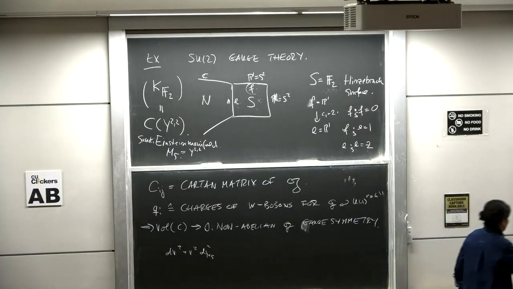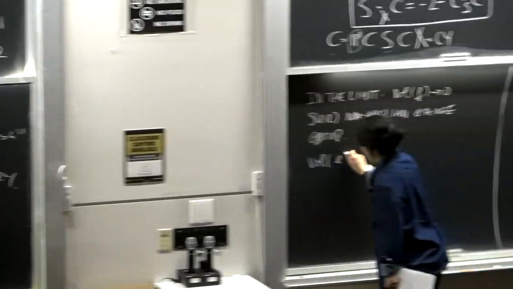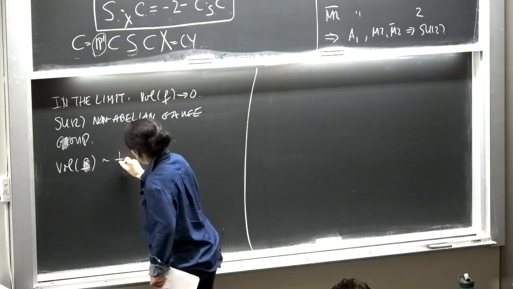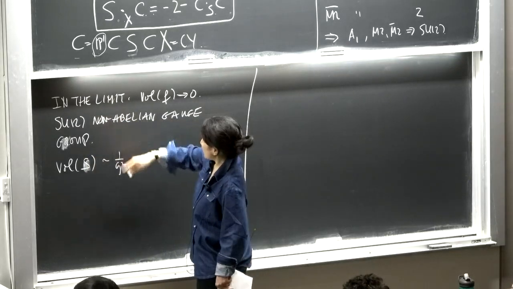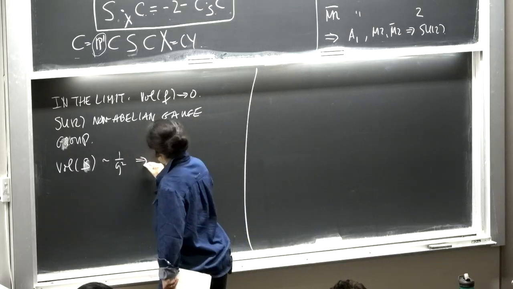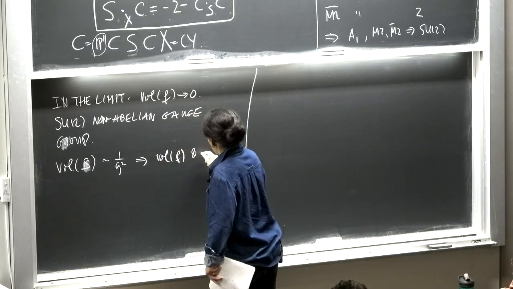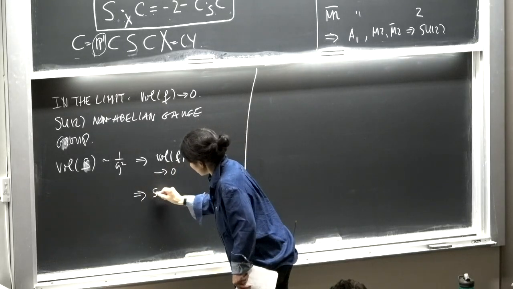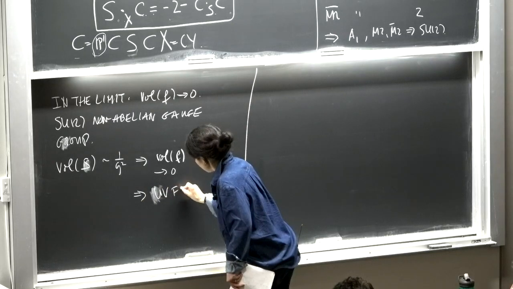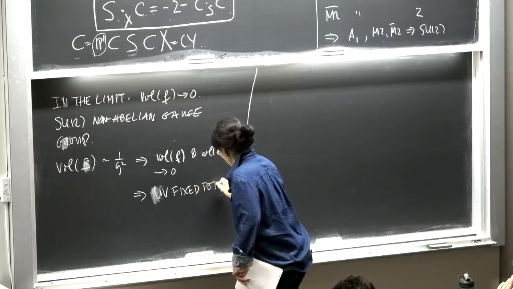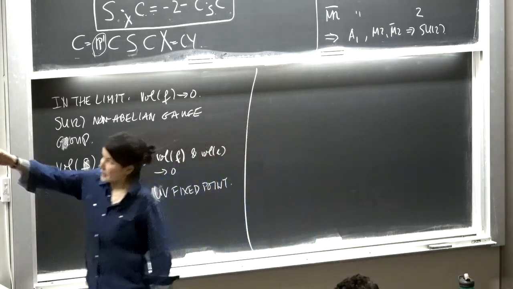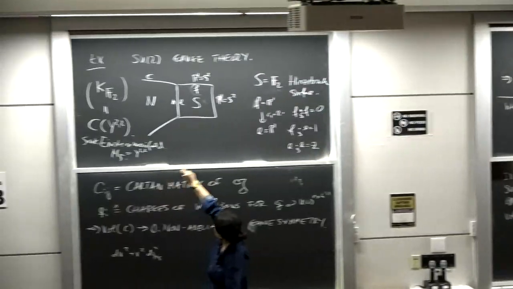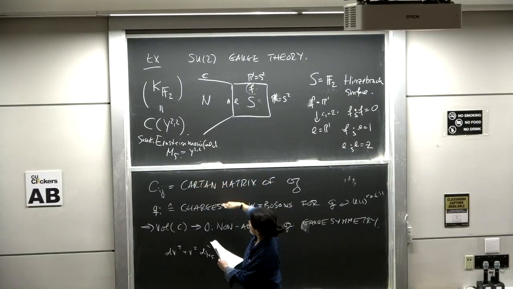And the volume of the curve E is essentially now governing. The full volume of S was 1 over g squared. So once we take the volume of F and of E to 0, this will correspond to the strong coupling, the UV fixed point. And then you will see that this complete surface is collapsed. The curve where E is glued to this non-compact surface is collapsed, and you get something that looks essentially conical.